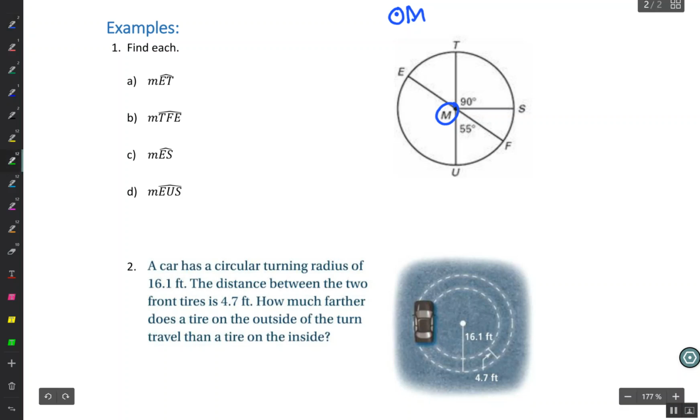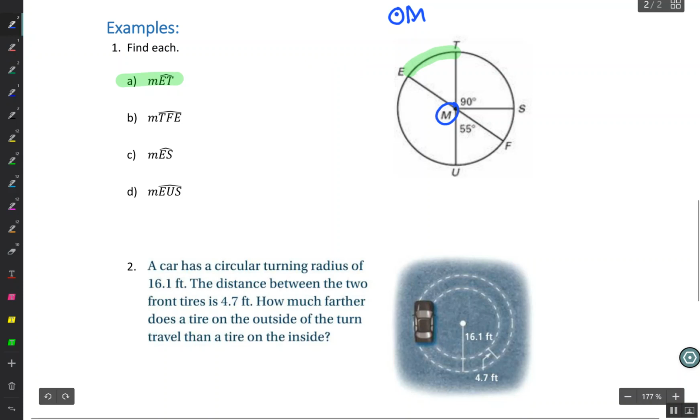Okay, so the first one we need to find is arc ET. By the way, my notation here looks a little different because sometimes this curvy symbol is difficult to find. This is the closest I could find. So arc ET goes from E to T. It's a minor arc.